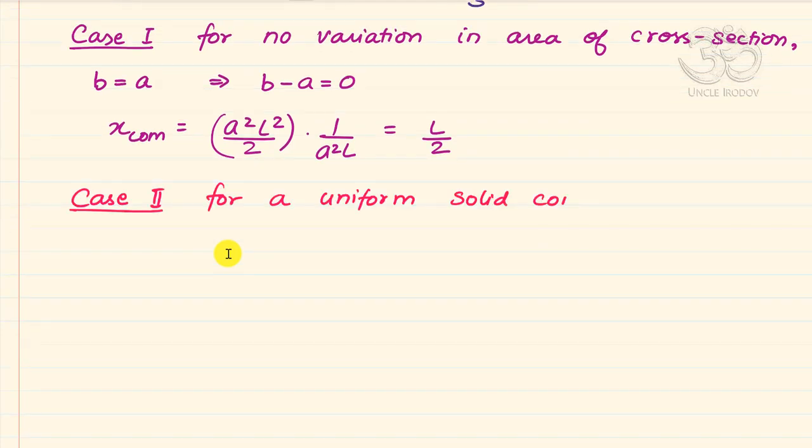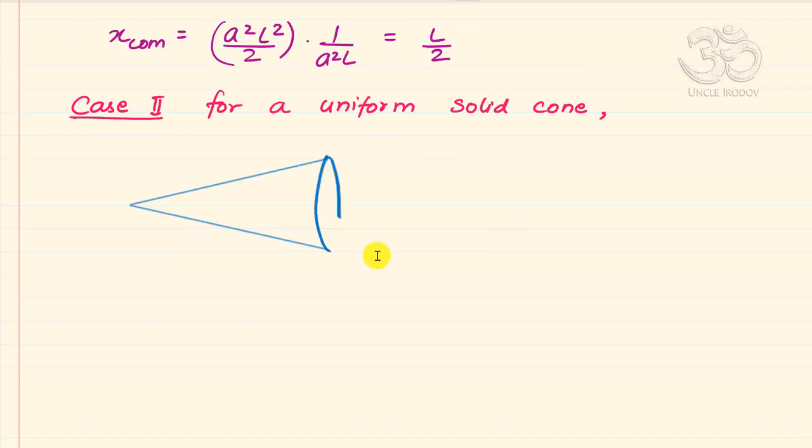Of course, there is another way in which we will try to find out the center of mass of a solid cone by another integration afterwards, but we can use this result. So for a uniform solid cone, what I can do is I can say that A is 0, the radius at the left end is 0, B is non-zero and some value, and there is some length L. So this is what I can claim.